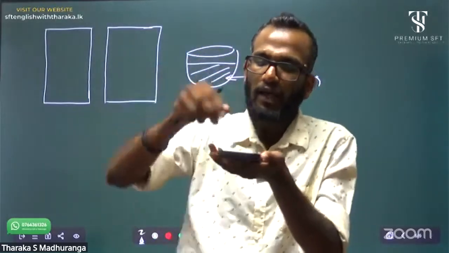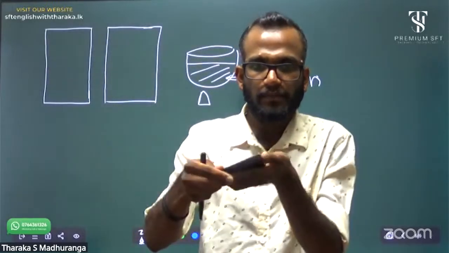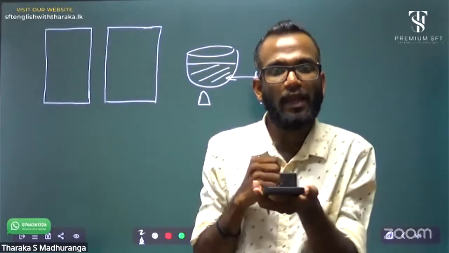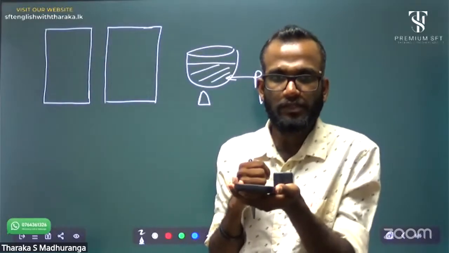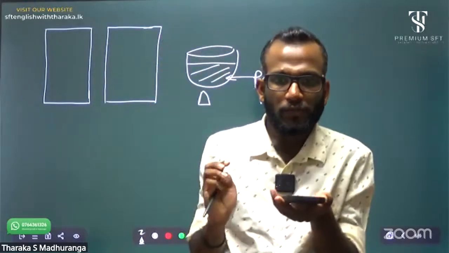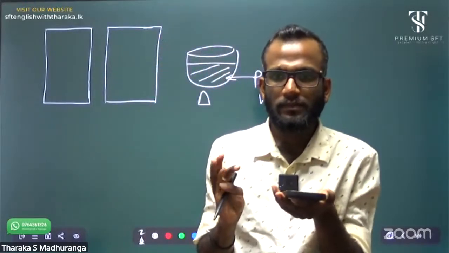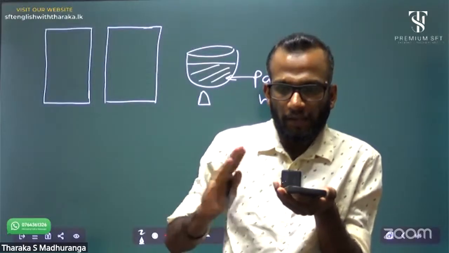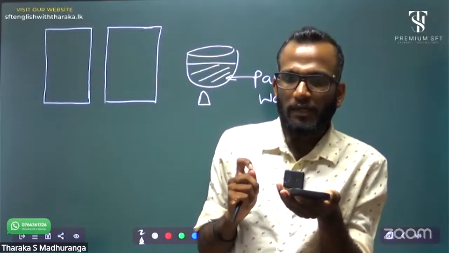Then we can make a thin paraffin wax layer on this glass plate. Understood up to now? I will update, otherwise you will be confused.